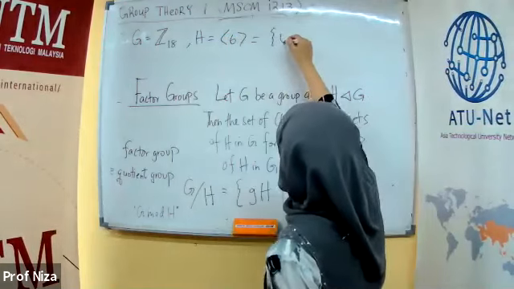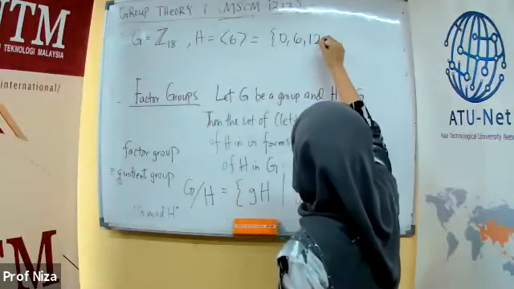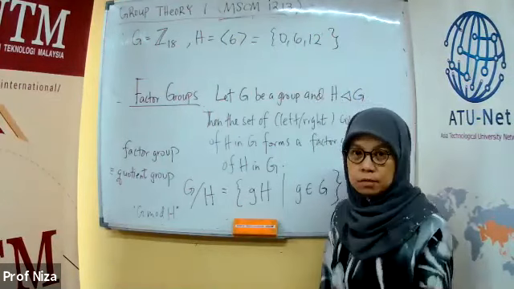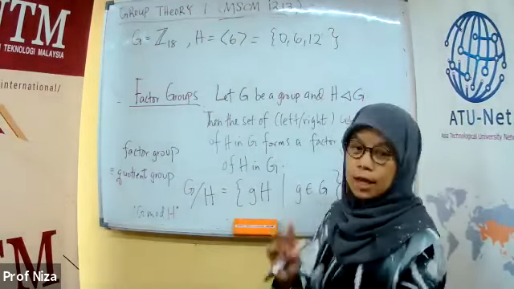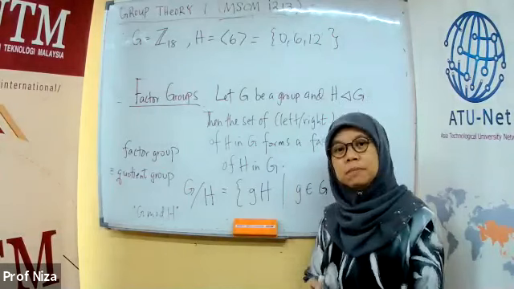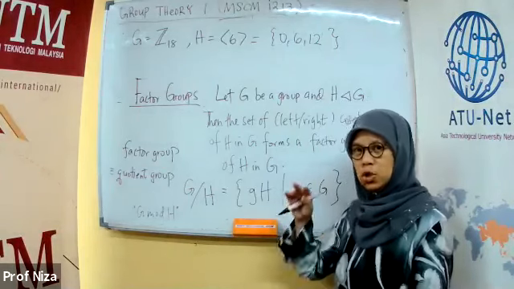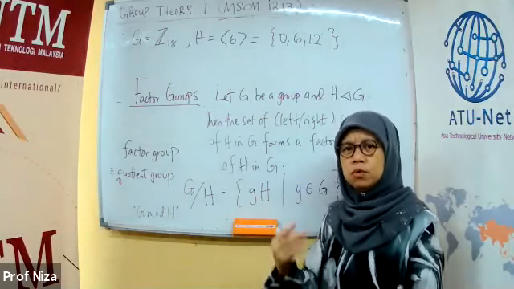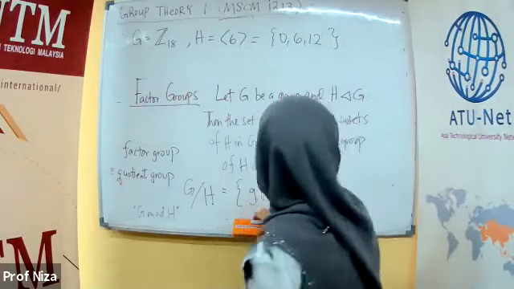Or you can do 0, 6, 12, and then 18, which is 0. Z18 is abelian, so any of the subgroups would be normal.